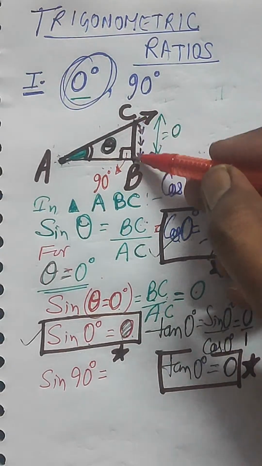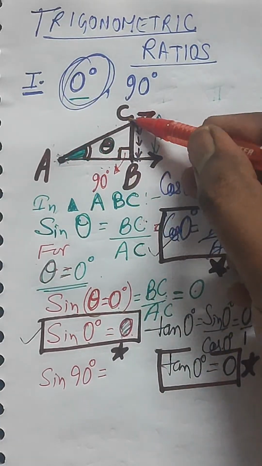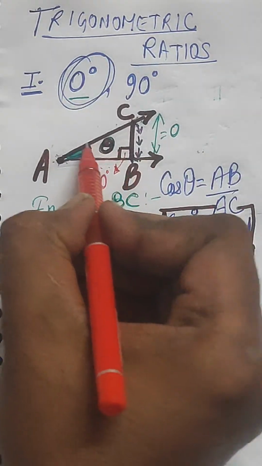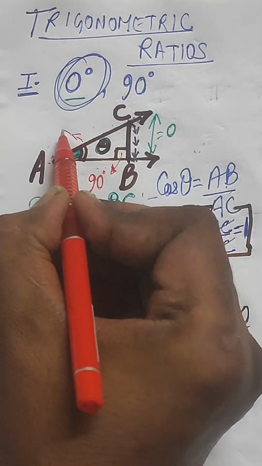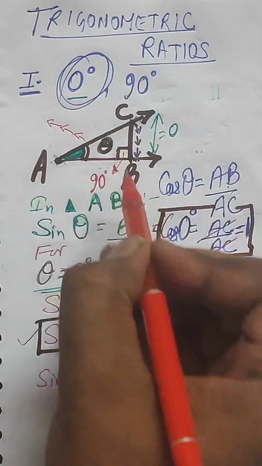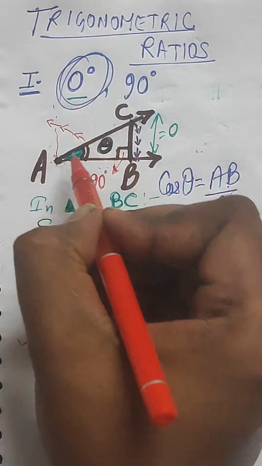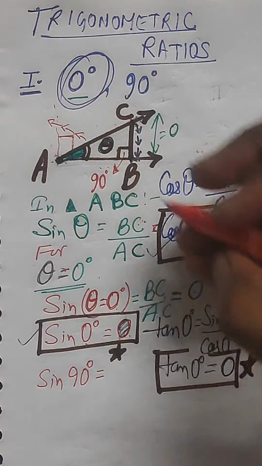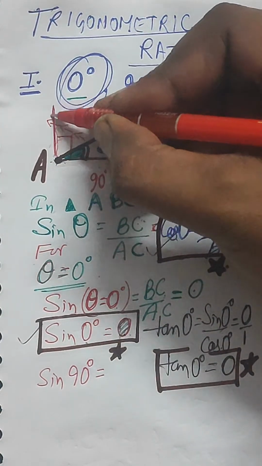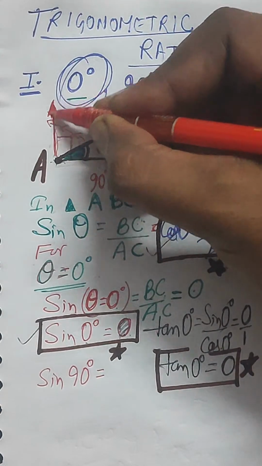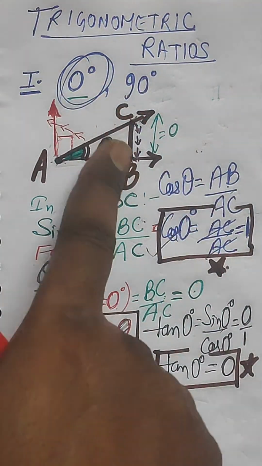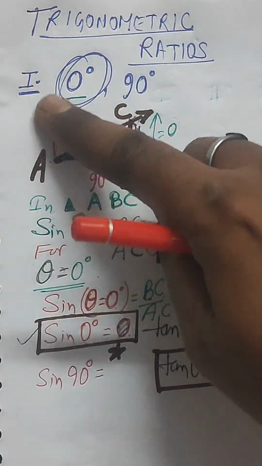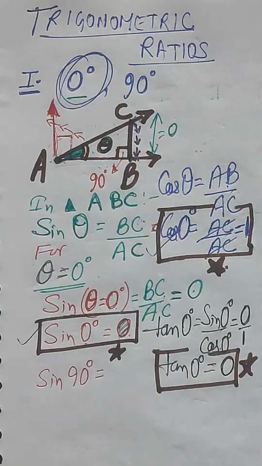Now if this theta is 90 degree, then this line AC will be moving like this, and in this case AC will be moving to this position, and we can say that BC will be equal to AC, then only theta equals 90.